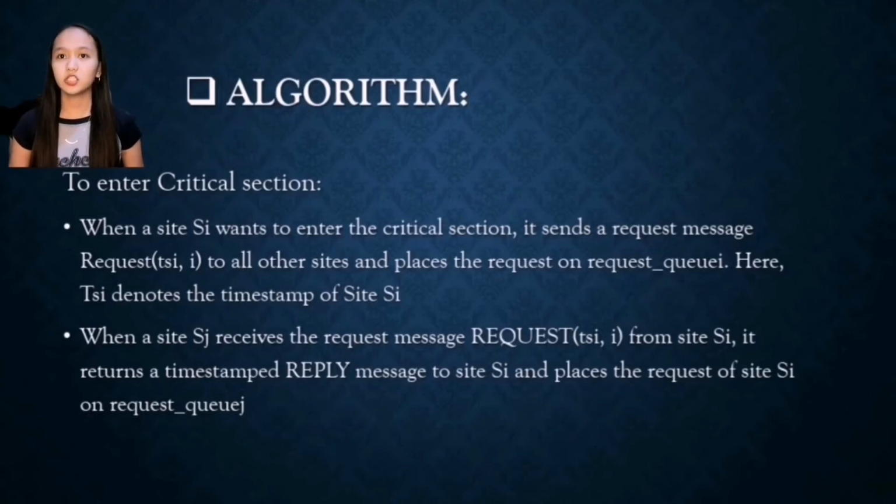When a site Sj receives the request message request(tsi, i) from site Si, it returns a timestamped reply message to site Si and places the request of site Si on request queue j.